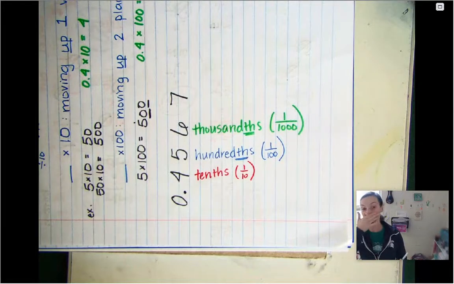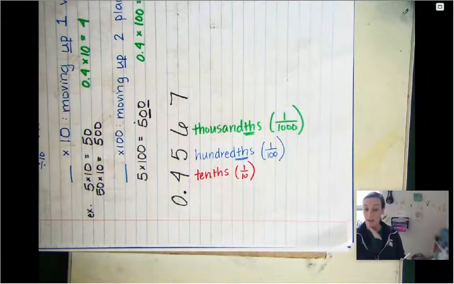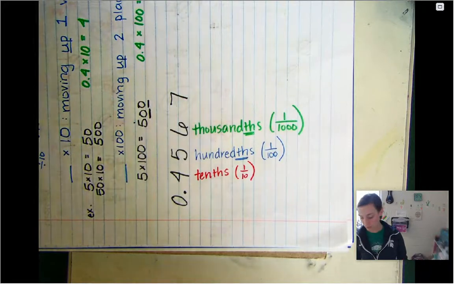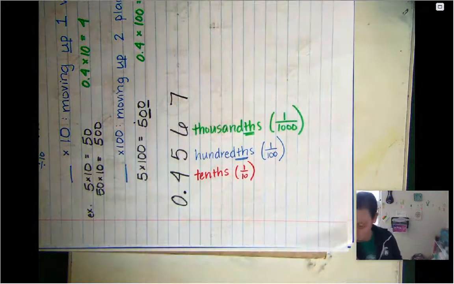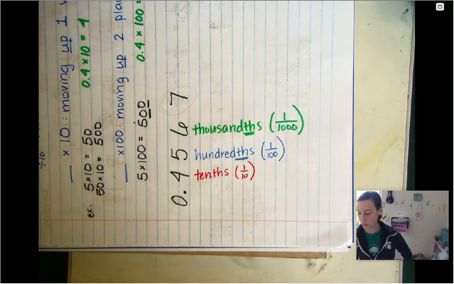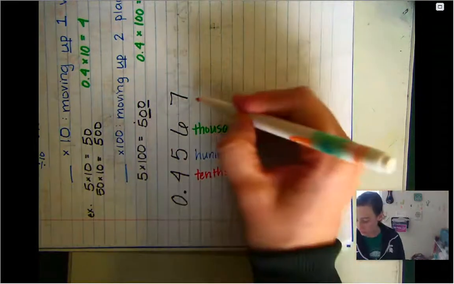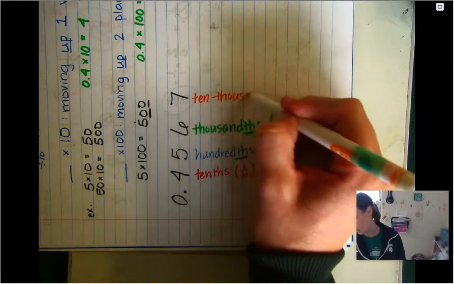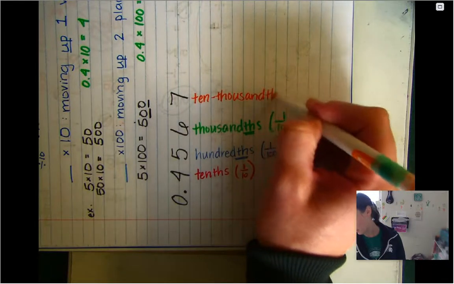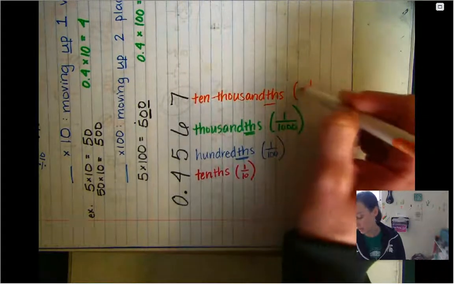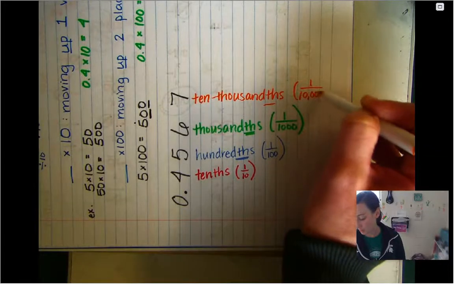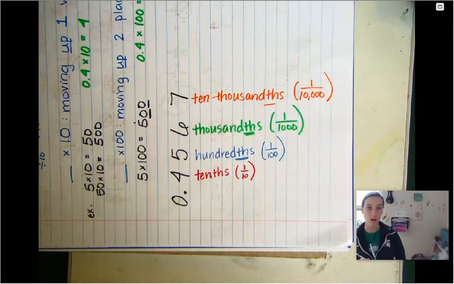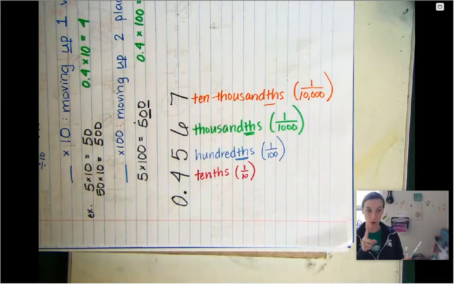The place values continue to mimic whole number place values. They just have the "ths" on the end. So this would be the 10,000ths. It would take 10,000 of these pieces to make a 1 whole.